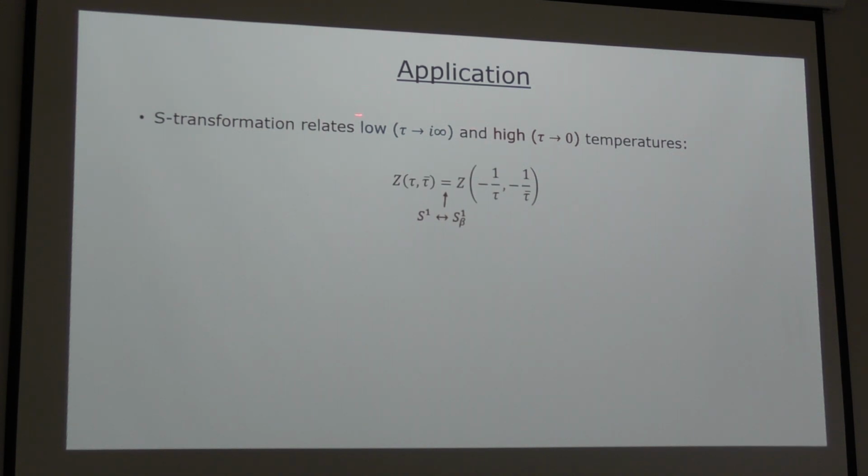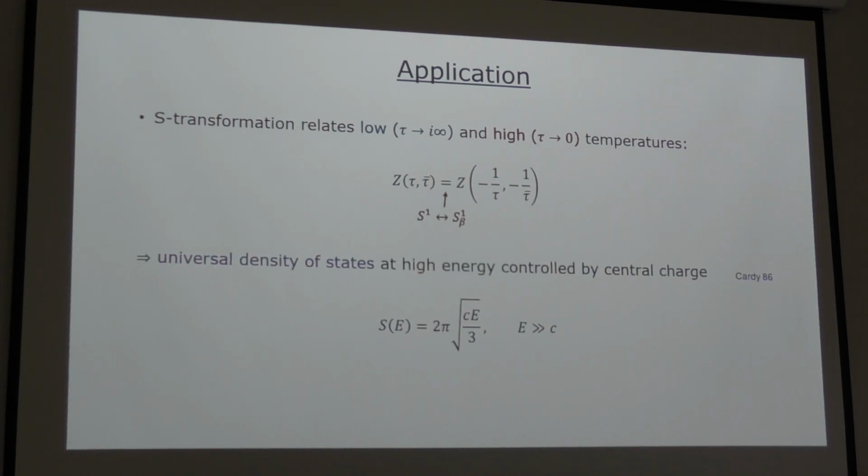That actually means that it relates low temperatures to high temperatures, so the partition function at low temperatures to high temperatures. This transformation corresponds to exchanging the spatial cycle with the thermal temporal cycle. And using this equality, we can find a universal density of states at high energy that is only controlled by the central charge.